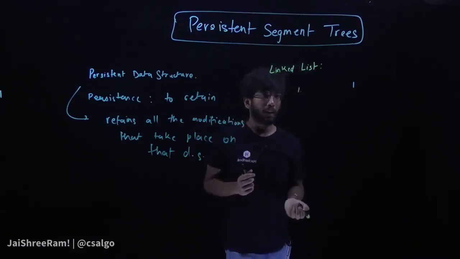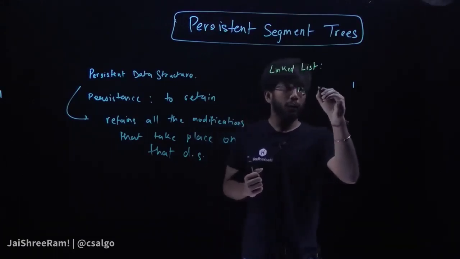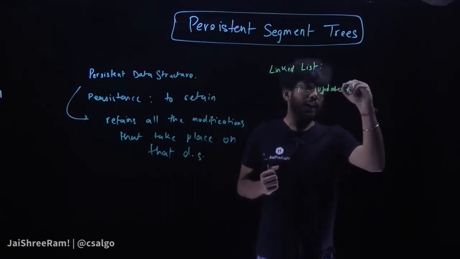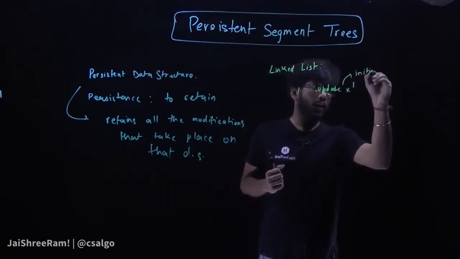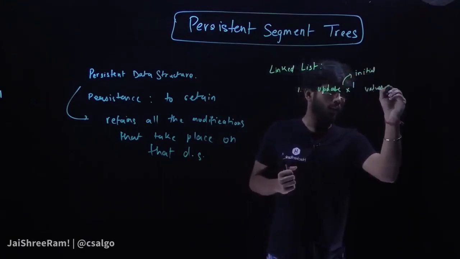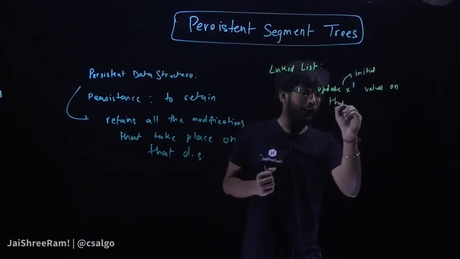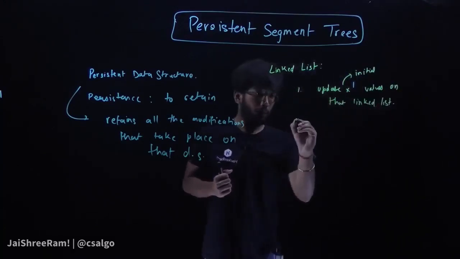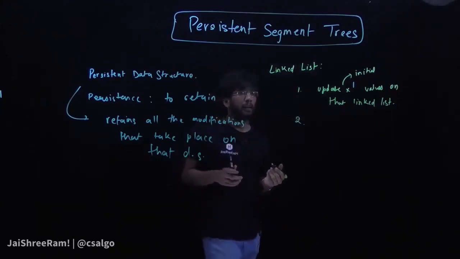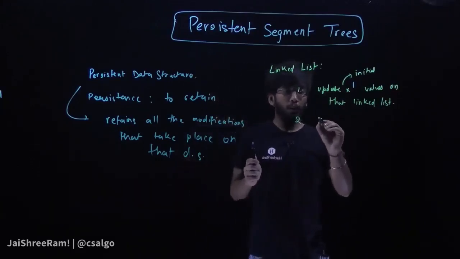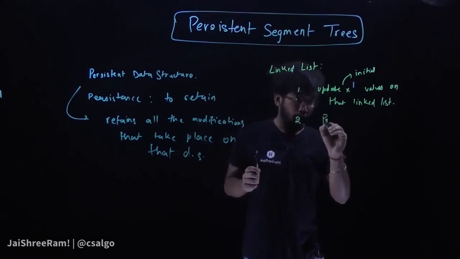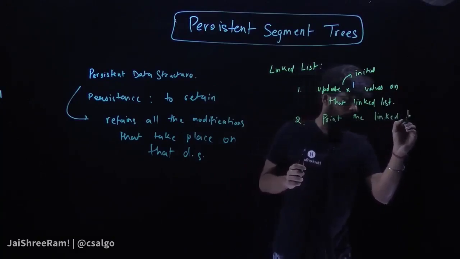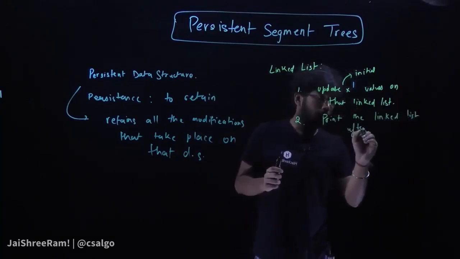The first operation being that we can update some initial X values on that linked list, and the second is that we need to print the linked list after some kth update.